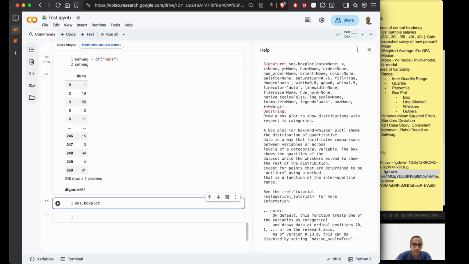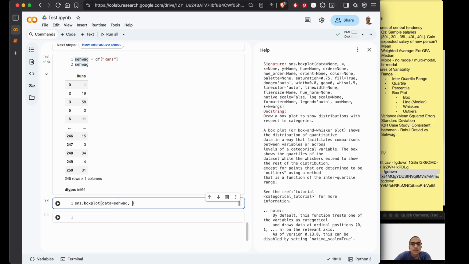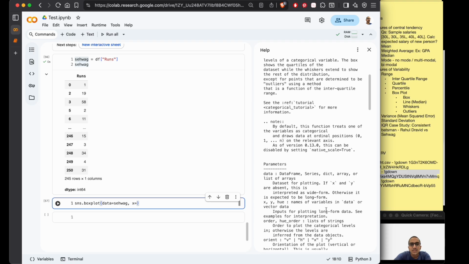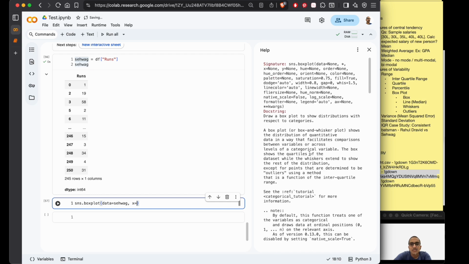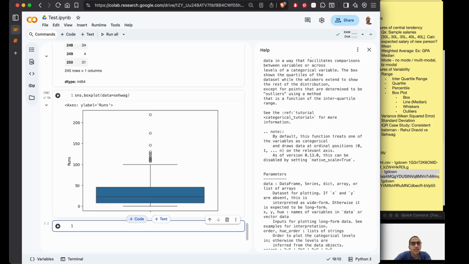Data is our sehwag, and the columns obviously we'll have to define. I don't think we have to define a column. Oh, wait a second, I think this is a series. Data is series. There you go. That's our box plot.